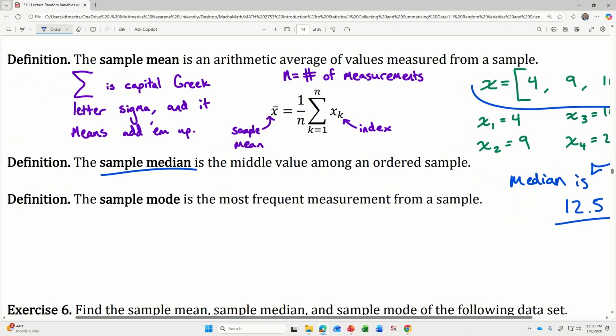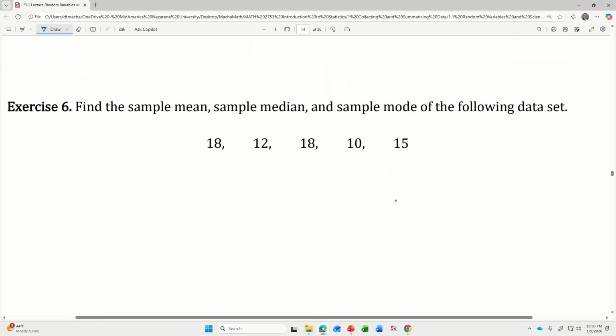I could ask you a question like this in your homework: exercise 6, find the sample mean, sample median, and sample mode of the following data set. The first thing I would do is put it in order. The median is easy, it's the middle one, so the median is 15. 18 appears twice, so that would be my mode.